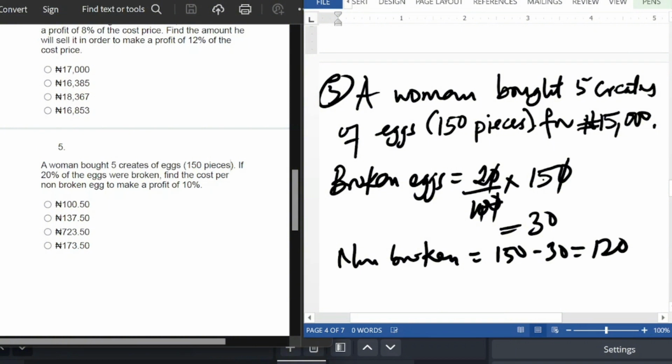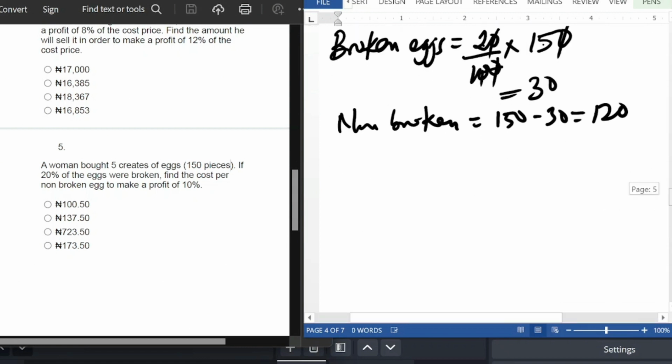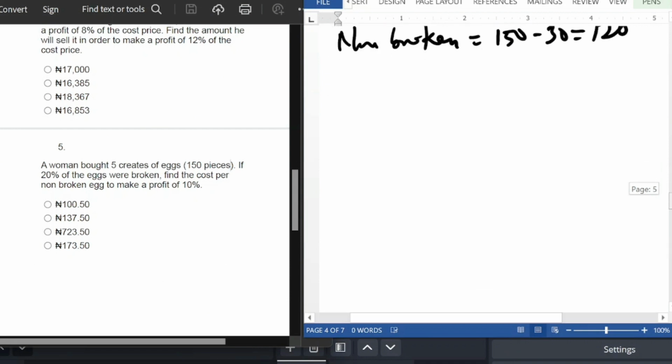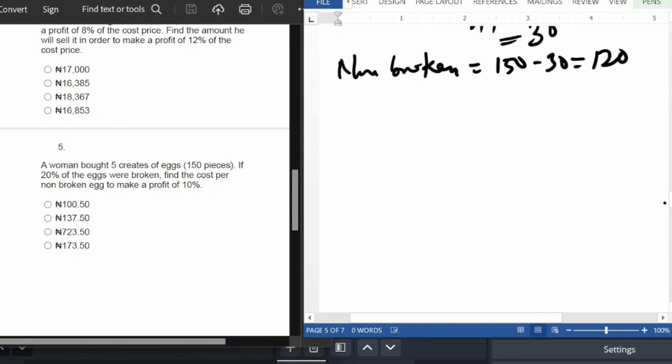Now, find the cost per non-broken egg to make a profit of 10%. That is, how much will you sell the non-broken eggs for to make a profit of 10%? The cost price is given already, which is 15,000 naira, and we are looking for the selling price.